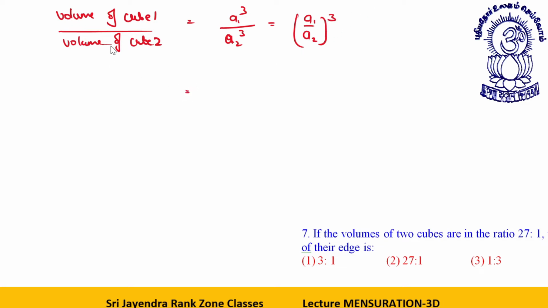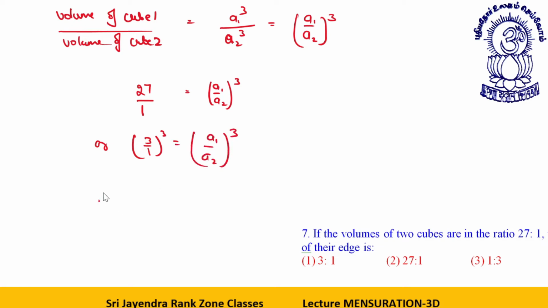So here I can say 27 is to 1 is equal to a1 by a2 cube, or 3 by 1 cube is equal to a1 by a2. a1 by a2 will be 3 by 1.